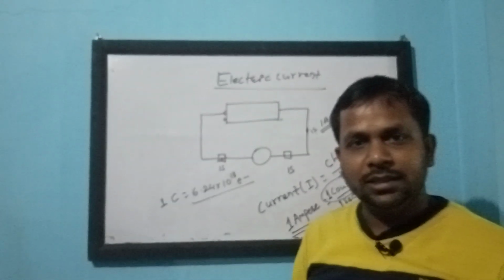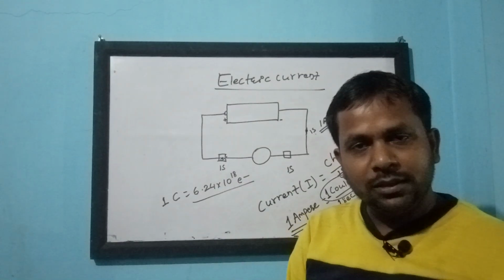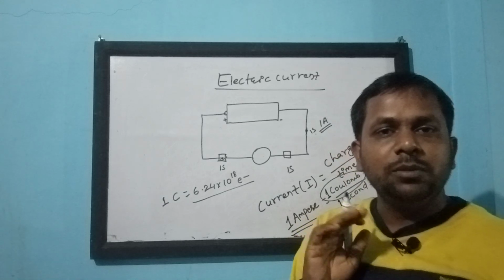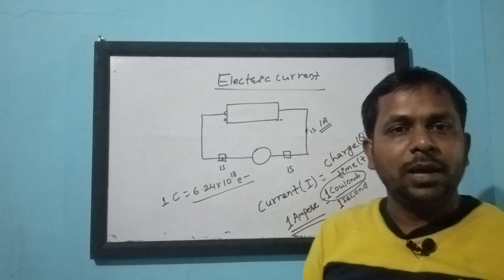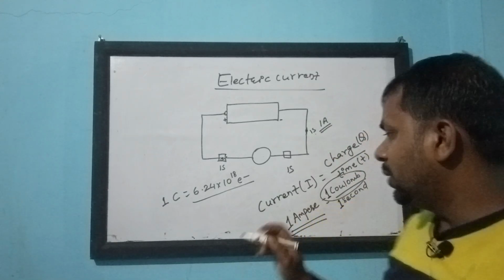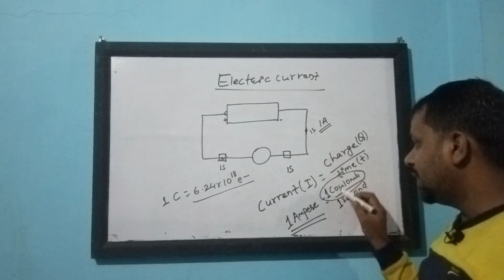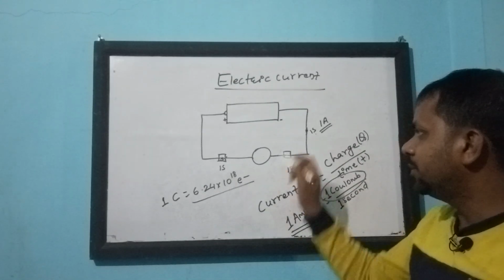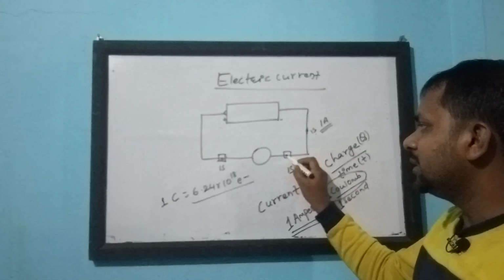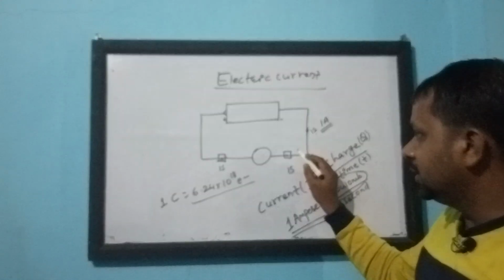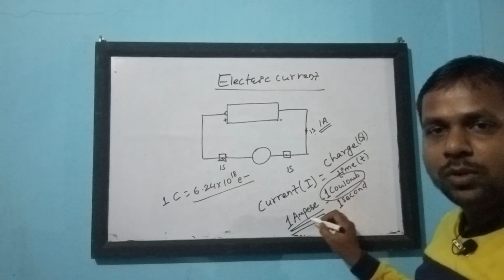I hope you are understanding. The movement of charge per unit time gives us the value of current. 1 ampere current means 1 coulomb charge divided by 1 second. If from any point 1 coulomb charge is moving in 1 second, then the value of current is 1 ampere.